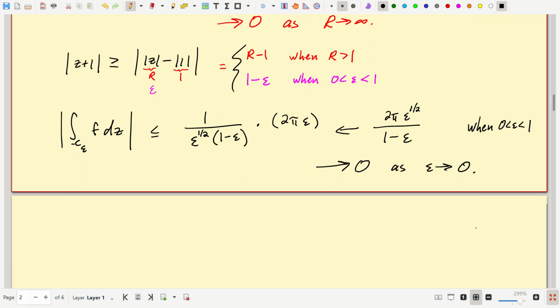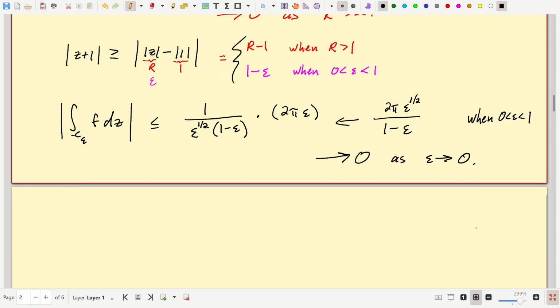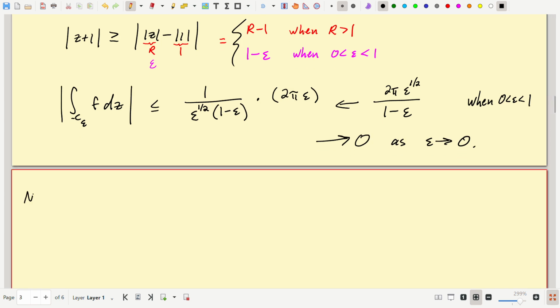Now I'm going to mess around with the top and the bottom part. So next, let's think about the top curve. Well, the top curve, remember, I want to parameterize it by something.